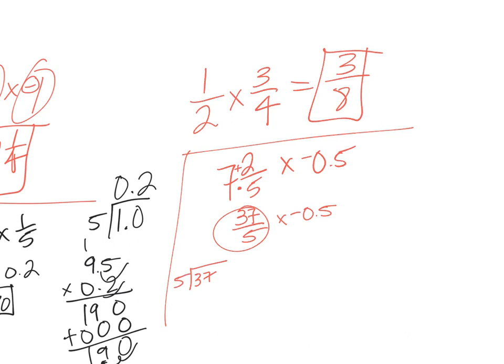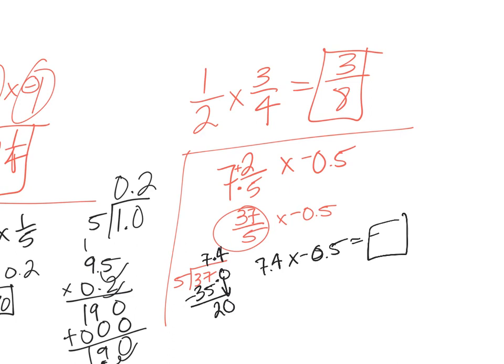5 goes into 37 7 times, because 7 times 5 is 35. That's 2. Bring your decimal, bring your 0 down. 5 goes into 20 4 times. So now you have 7.4 times negative 0.5. And remember, your answer is going to be negative, because a negative times a positive is negative.